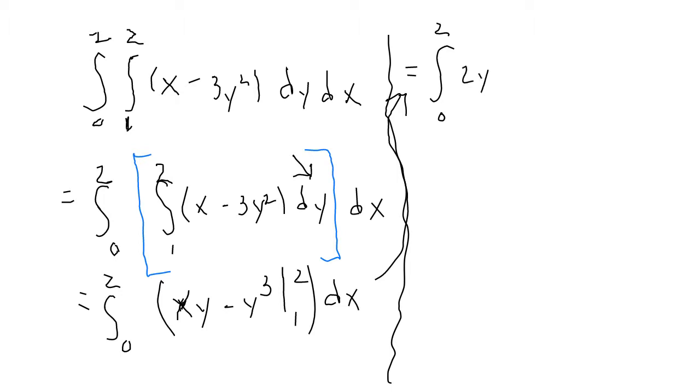So I'm going to have 2x minus 2 cubed, that quantity, minus 1x minus 1 cubed, that whole thing. I'm integrating with respect to x.